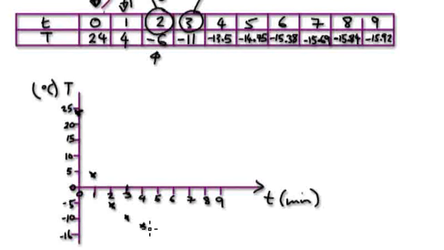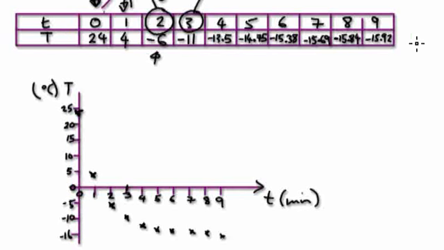I'm going to guess around here. 5, minus 14.75. So again, I'm guessing around here. 6, around here. 7, around here. 8, around here. 9, around here.